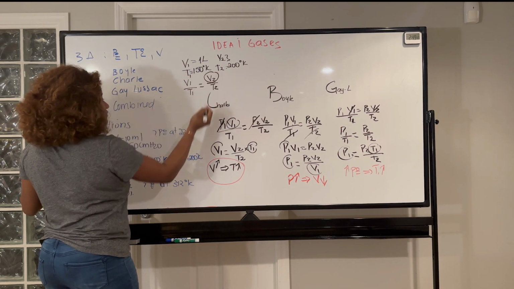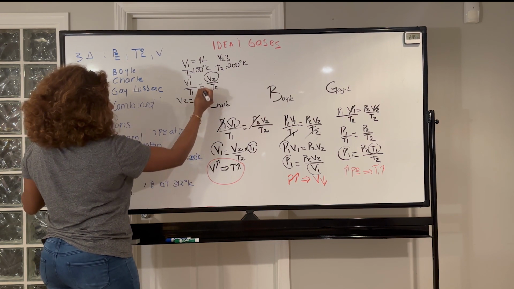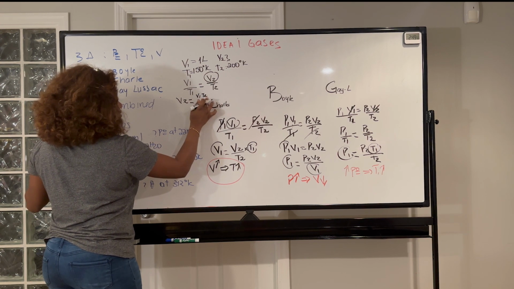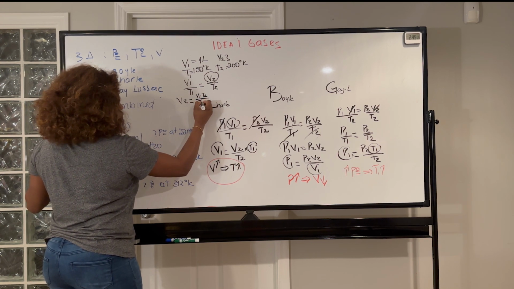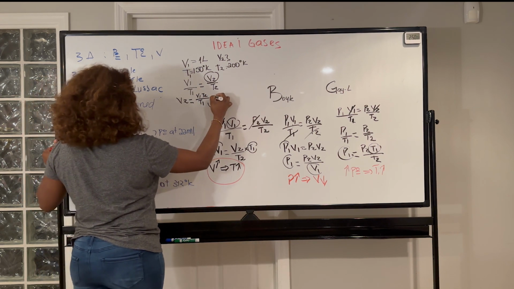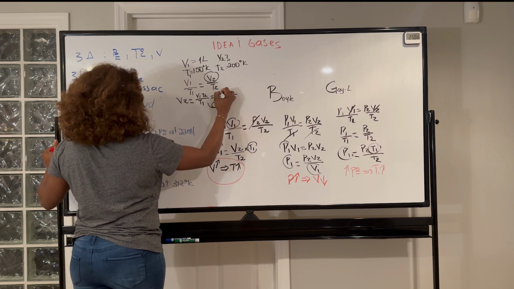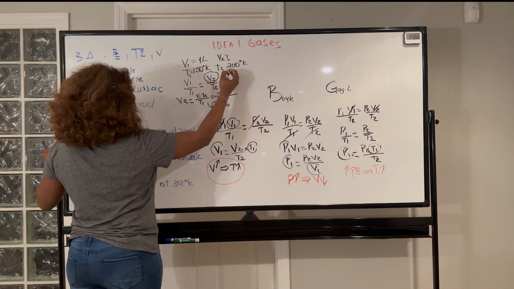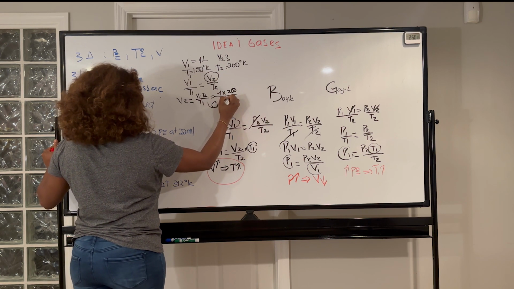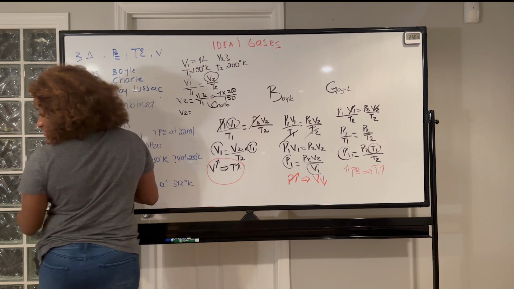I'm trying to get my V2, so my V2 equals V1 T2 over T1. If I plug in my variables, my V1 is 1 liter, my T2 is 200, and my T1 is 150.